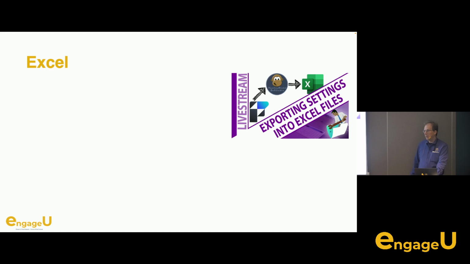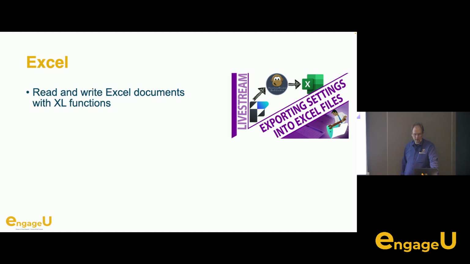Then we have functions for Excel files. So if you have a need to read and write Excel documents, you can use the libxl library with our plugin. If you need anything more than what FileMaker offers, like you want to define what's on the column name, you need a plugin for that.